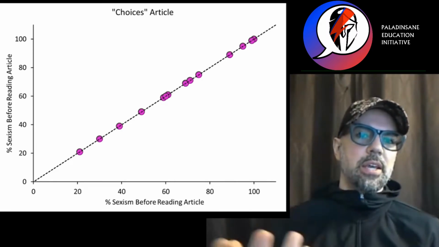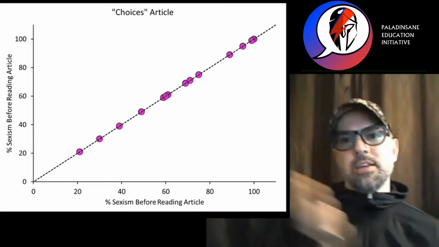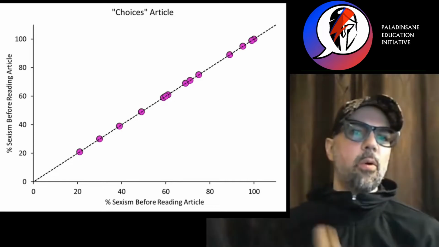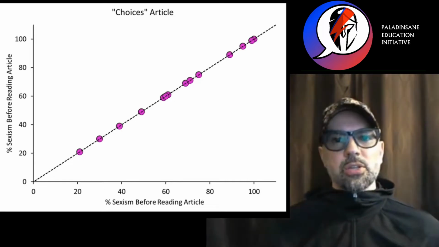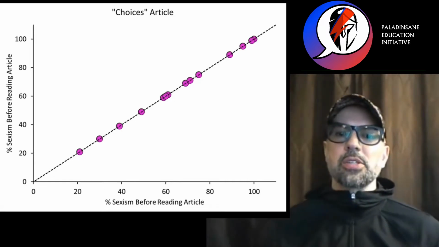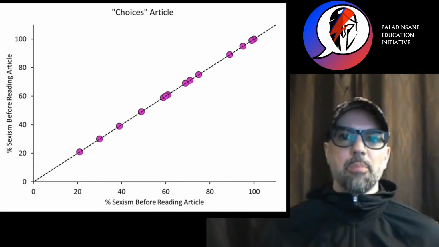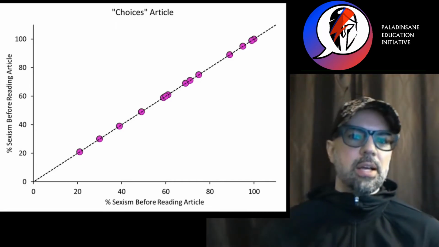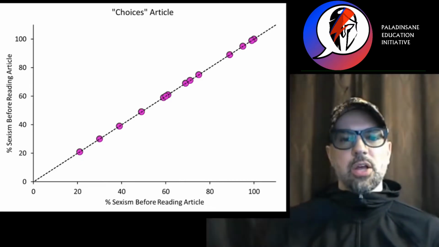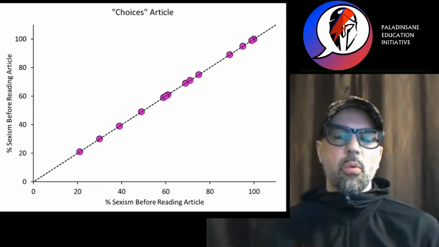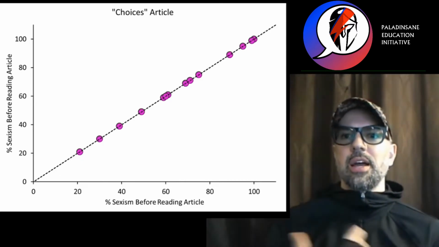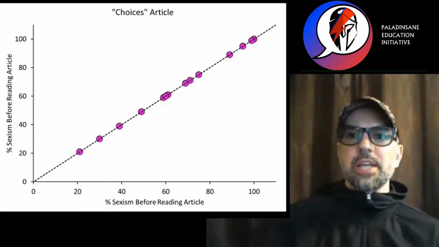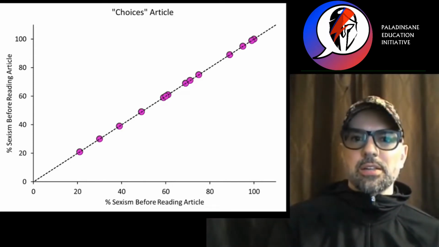So what we can see here is that we have a variety of opinions before any article was read. This is a nice measure of the personal beliefs that people had before reading the article. You can see that it goes as low as 20%. So one student believed that the gender pay gap was 20% due to sexism in our society.